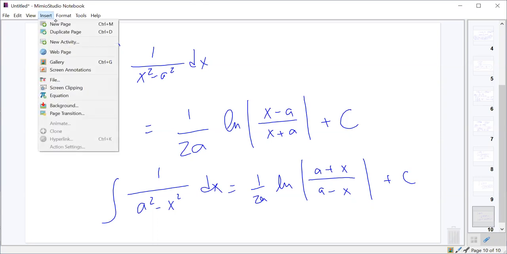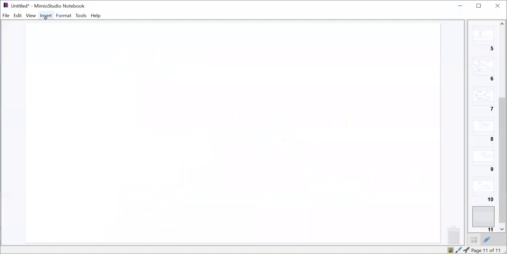All right. The trig substitution integrals. The substitutions you should know: if you're ever looking at an integral that has the square root of a squared plus x squared in it, you're going to want to make a substitution where x is equal to a tangent theta, most likely.